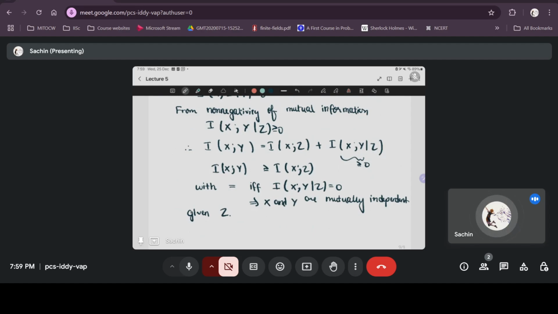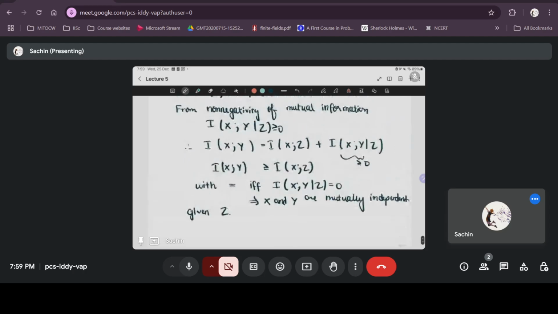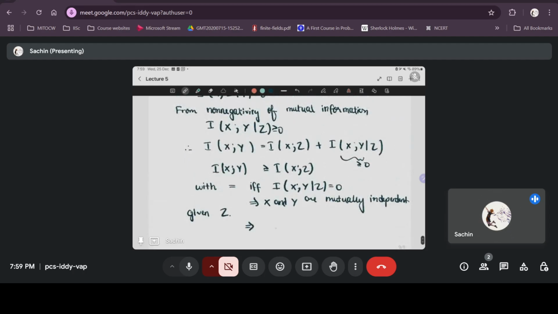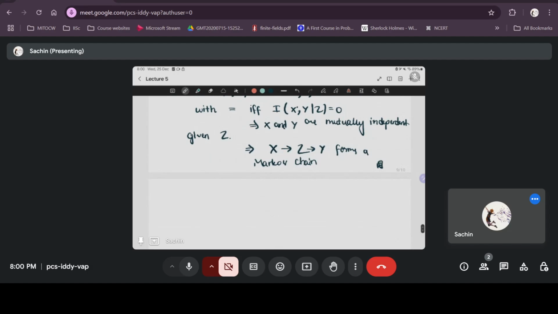Then I of X;Y is equal to I of X;Z. Otherwise, I of X;Y is always greater than or equal to I of X;Z. And this can also be written in words as X, Z, and Y form a Markov chain. That's the proof of the data processing inequality.